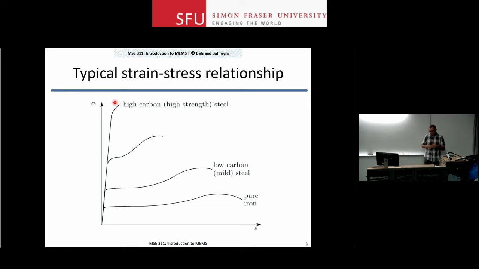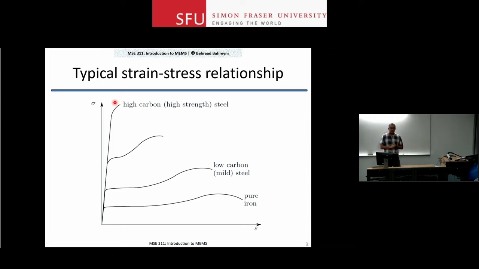And the reason that I'm showing you here is that those kinds of materials are called brittle materials. They have a linear stress-strain relationship all the way to their yield point. And then after that, they just break, they just fail. They don't undergo all those plastic deformations. And examples of such materials are silicon and ceramics and a lot of, let's say, stone and glass and other kinds of materials that are around you.